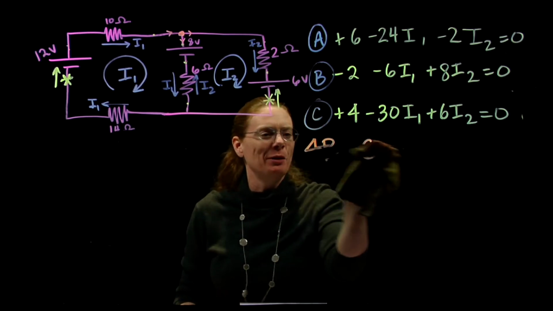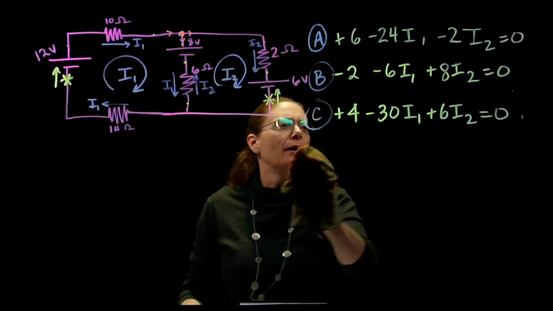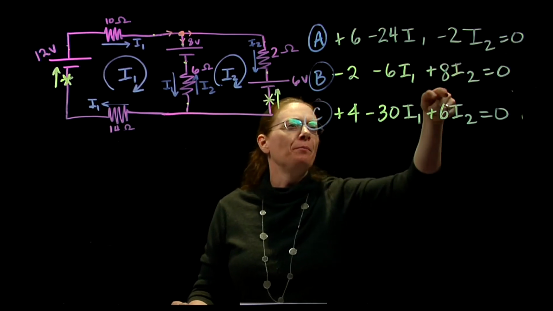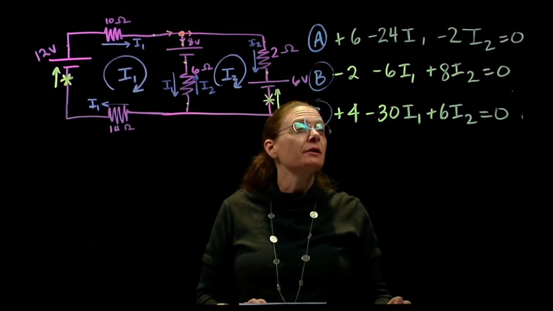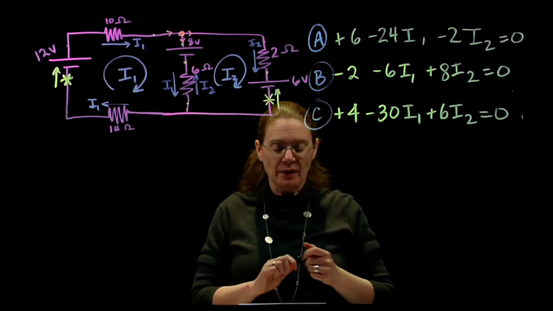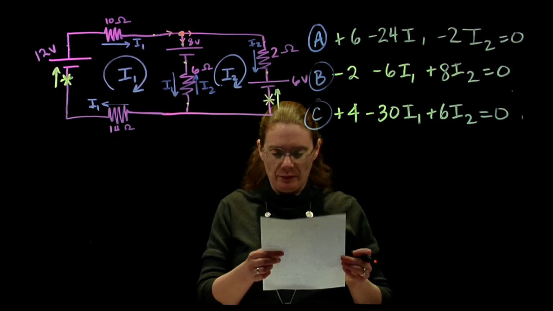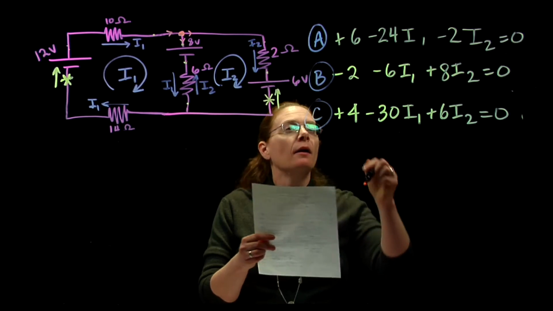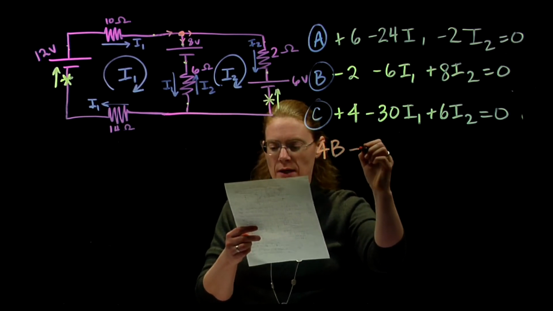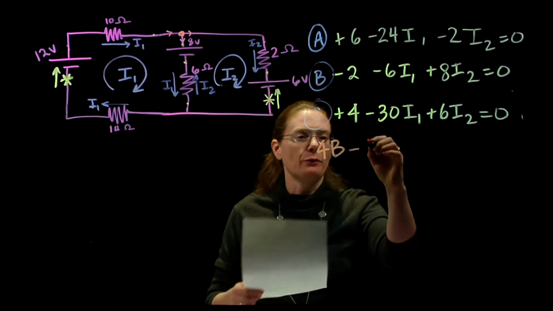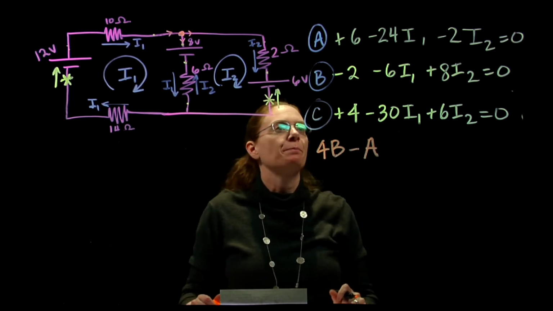Let's try putting them in the same order that my notes are in. So, 6 times 4, what do I have? 4 of this one, so 4b, minus the 6 and 24, minus a. There we go, that matches my notes.